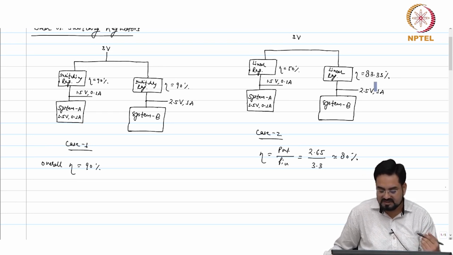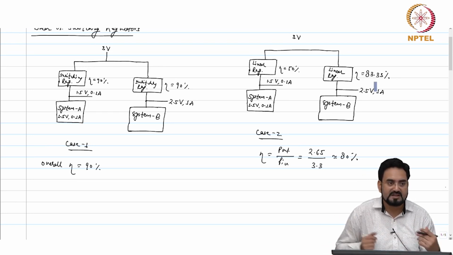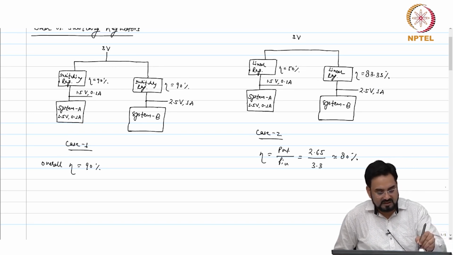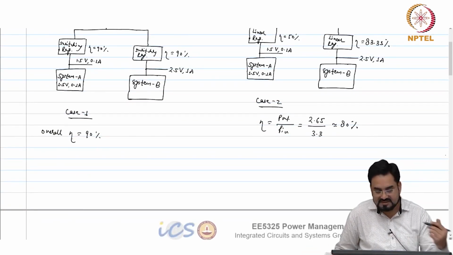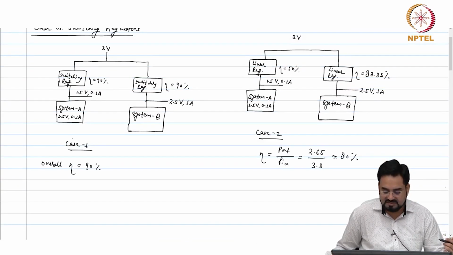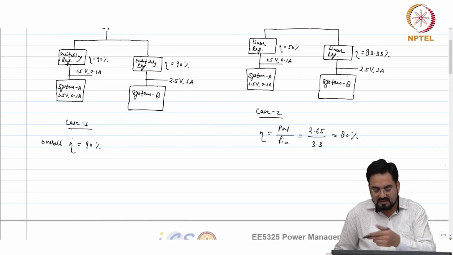So only a 3.3% overall drop you see in the efficiency, compared to the switching regulator case where we see a 10% drop in the efficiency.